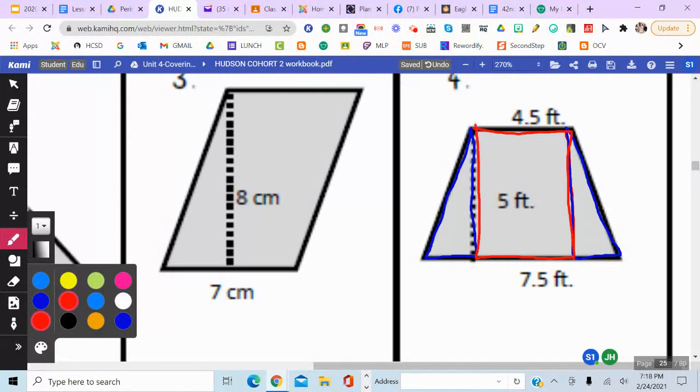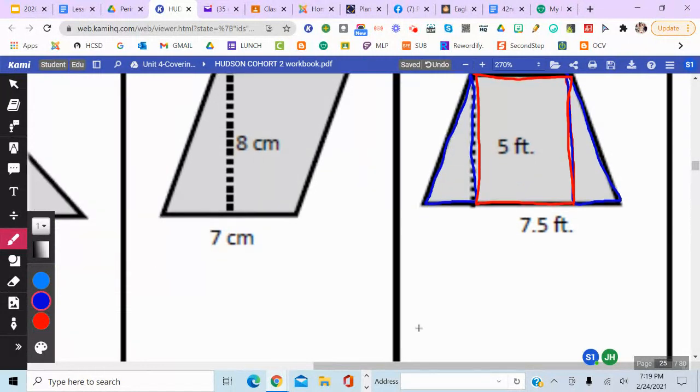So I've got to find the area of those three shapes. So I said in class today, I usually like to start with the rectangle. So I'm going to go ahead and write down my rectangle formula, area equals length times width. If you need reminders of what the formulas are, remember that they are all on page 9 in your workbook if you need to use that to help you today.